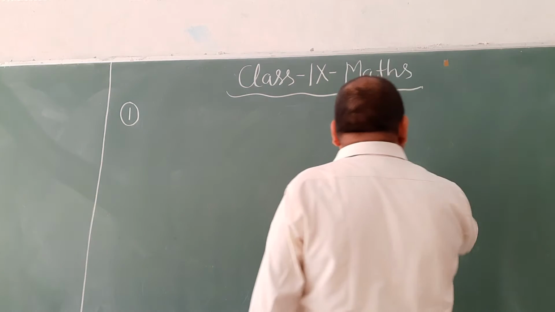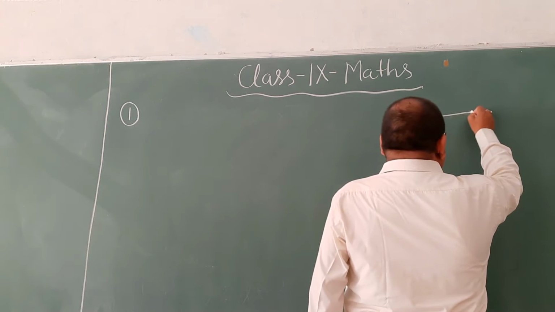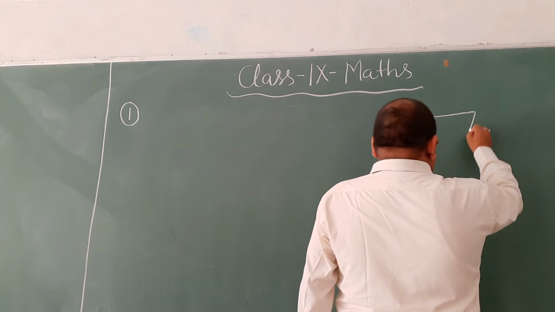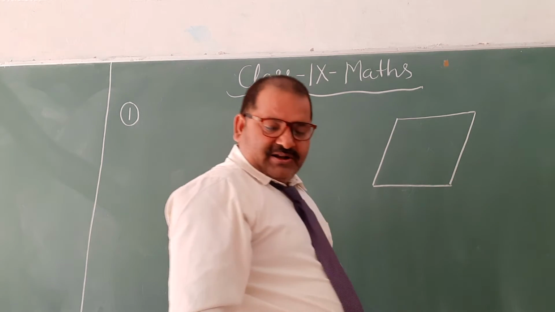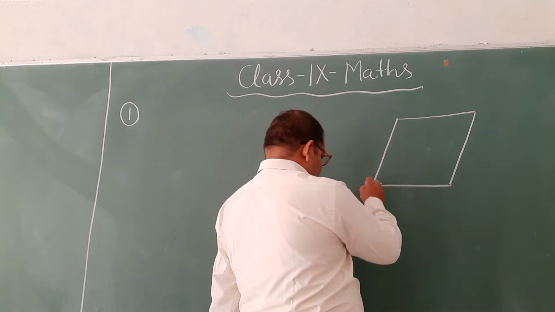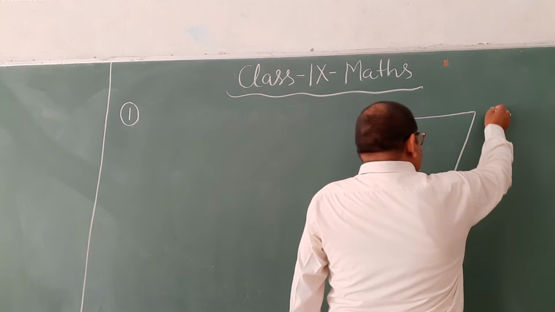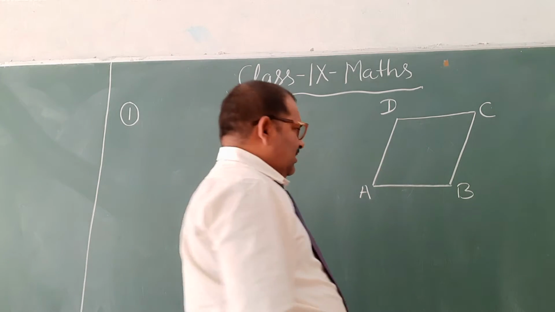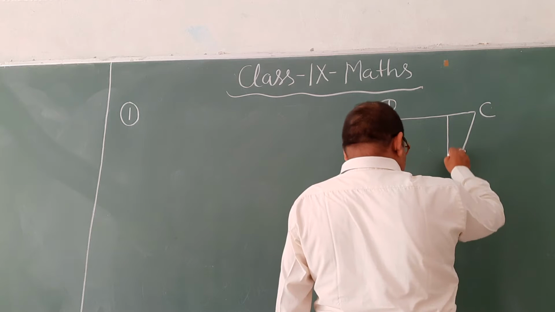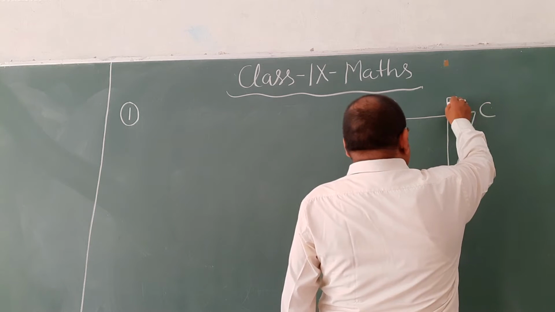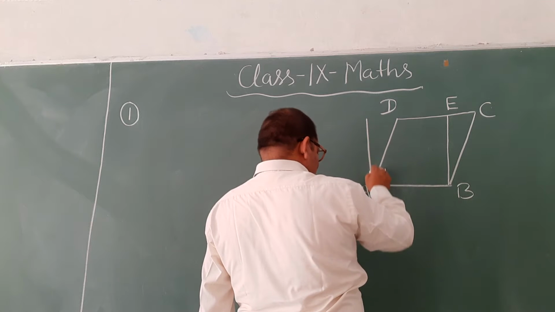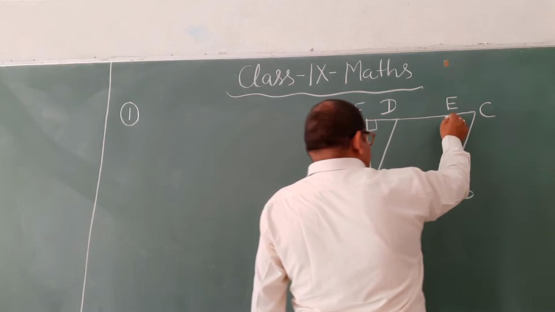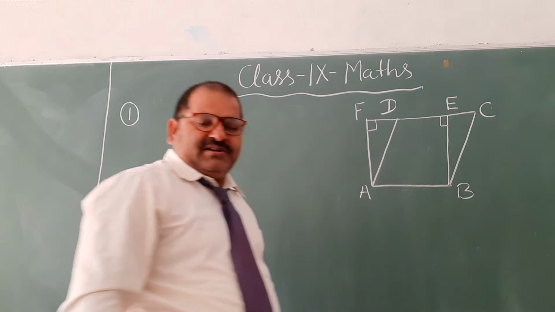Now the figure: this is the parallelogram ABCD and the rectangle ABEF, whose angles are 90 degrees.